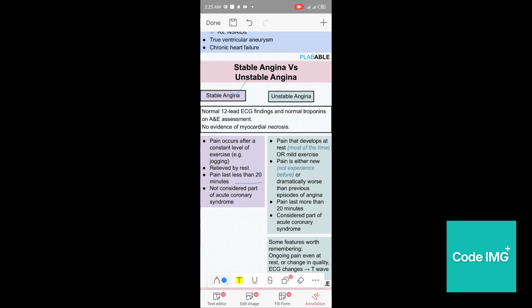In stable angina, you give antiplatelet, statin, beta blocker, ACE inhibitor, and GTN spray when the patient is having the pain. Unstable angina is a more intense condition than stable angina. The patient has symptoms at rest as well, and the pain typically lasts more than 20 minutes.